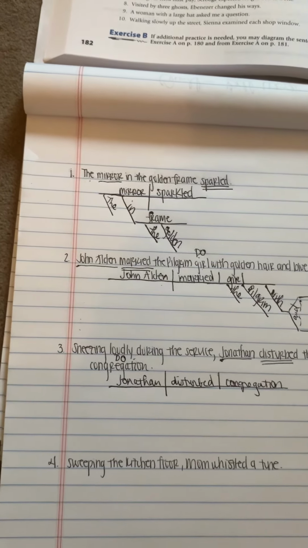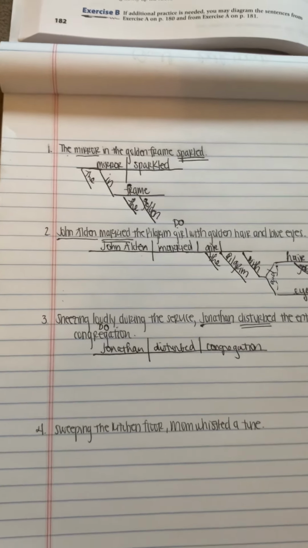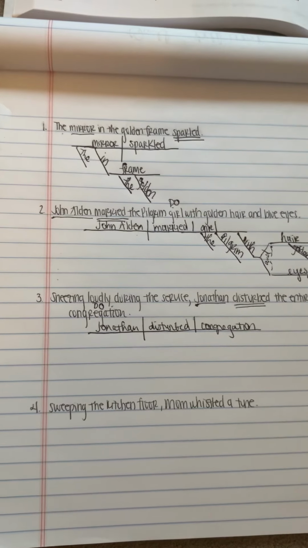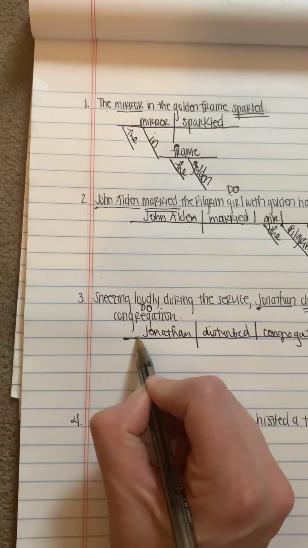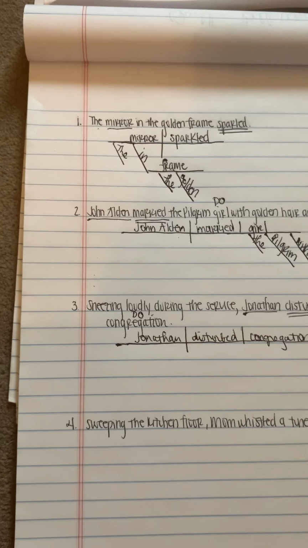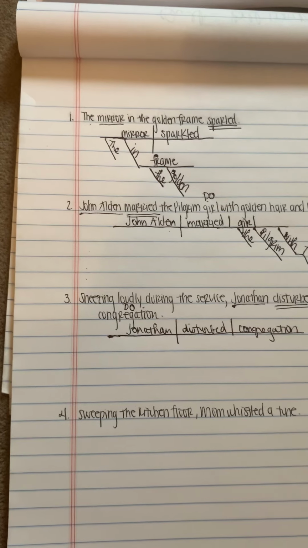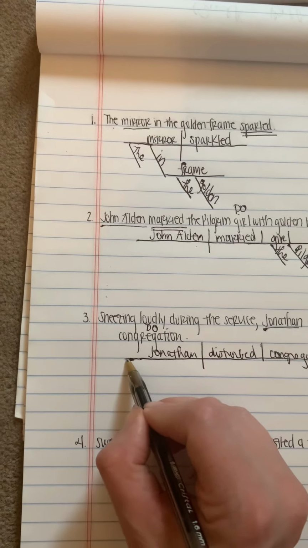Sneezing loudly during the service. So here we have our first participial phrase to diagram, okay? The only thing that is going to touch your noun, whatever it modifies, is the participle. So let's start with that.